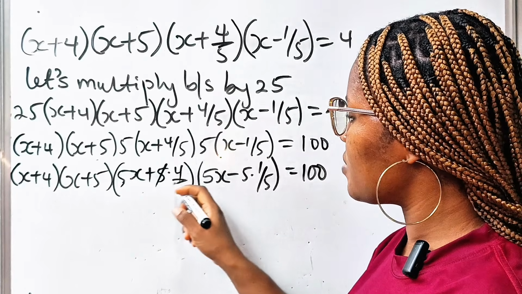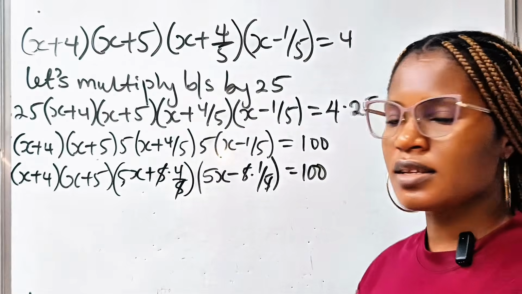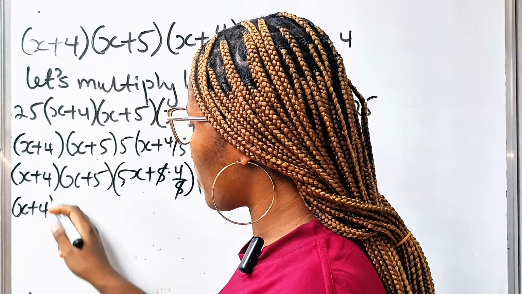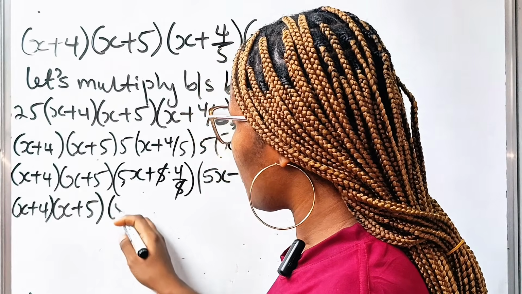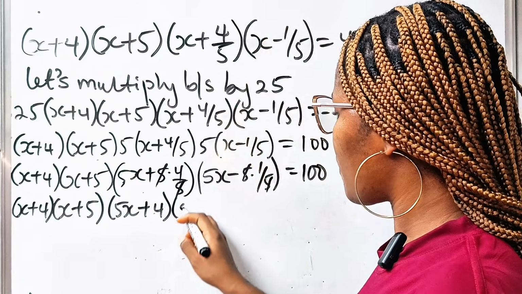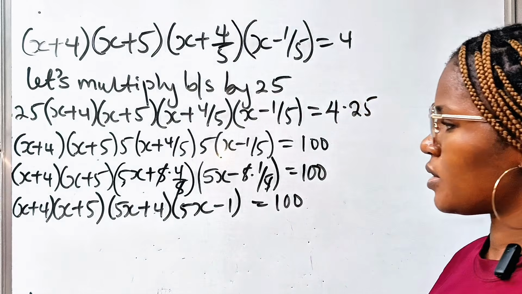Now if you look at this place we cancel this, we cancel this. So inside these brackets we have 5x plus 4, 5x minus 1 is equal to 100.